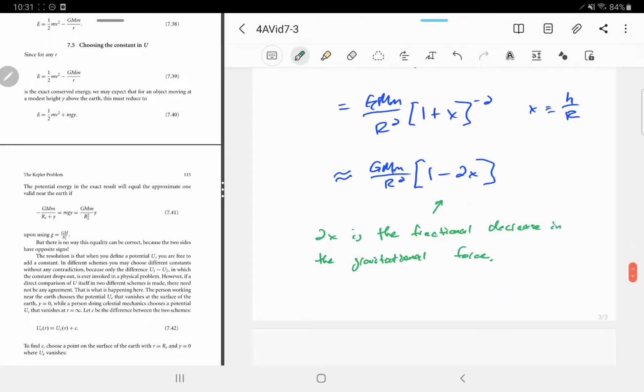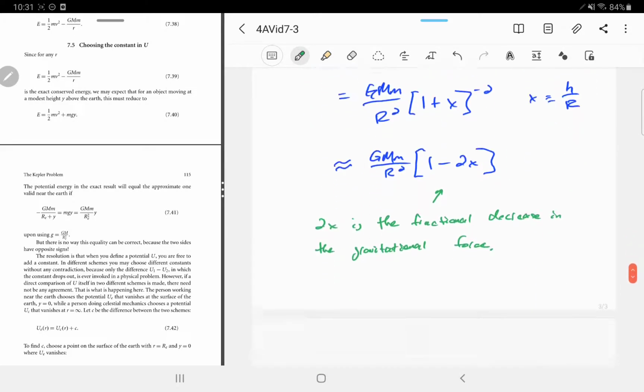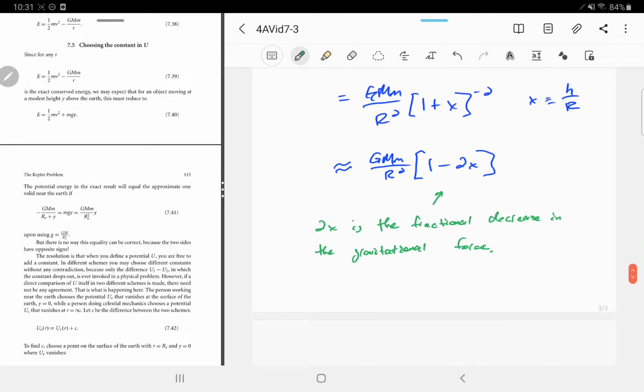And this means that our weight has decreased by, it looks like 2x, right? So this tells us our weight decreases by 2x, by 0.20%. And that's our final answer.